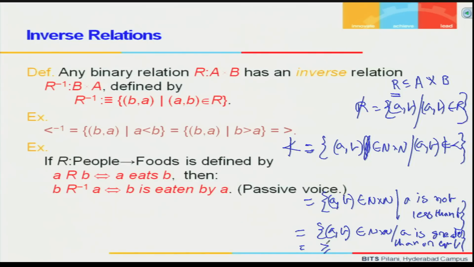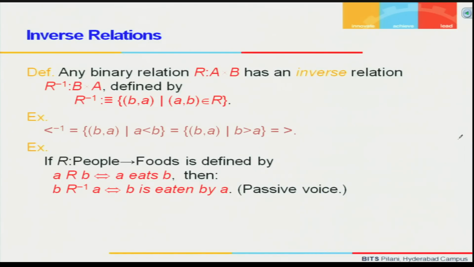Having seen what a complementary relation is, let us see the inverse of a relation. If R is a relation on A cross B, then R inverse is going to be a relation on B cross A defined by this statement.